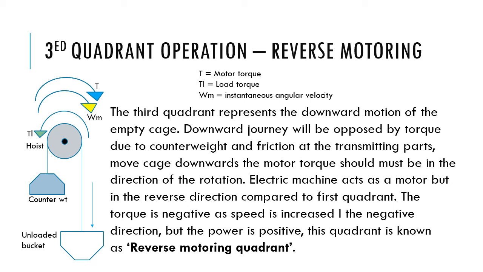The electric machine acts as a motor but in the reverse direction compared to the first quadrant. The torque is negative as speed is increased in the negative direction, but the power is positive. This quadrant is known as the reverse motoring quadrant.